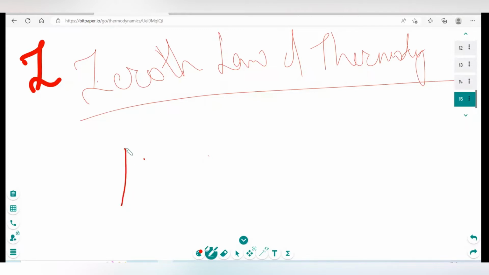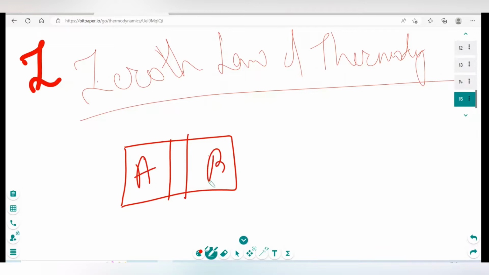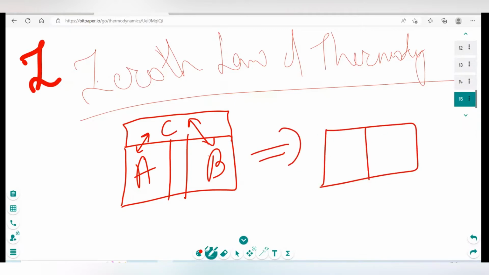Suppose there are two systems, say A and B. If A is in equilibrium with C and B is also in equilibrium with C, that implies that systems A and B are in equilibrium.